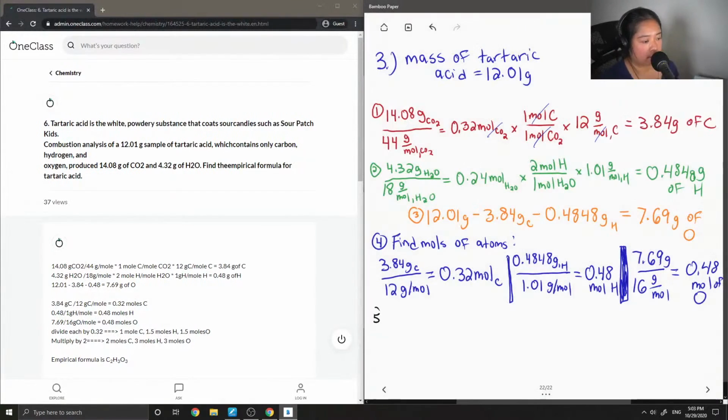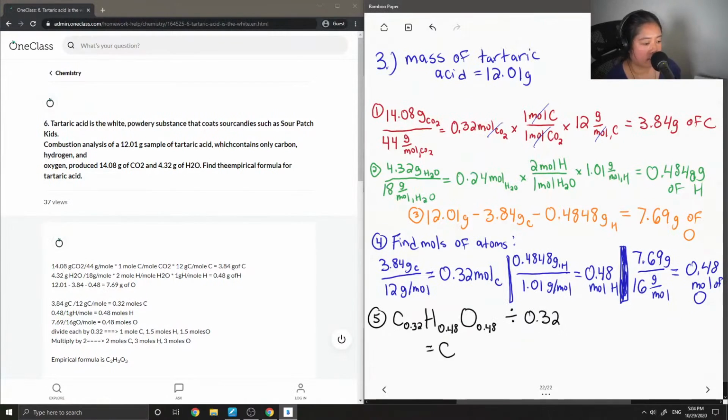Okay, so for this last step, I'm going to write out this empirical formula just by using the mole values that we got. For carbon, it was 0.32. For hydrogen, it was 0.48. And for oxygen, it was also 0.48. I want to get these values not in decimal form. So the first step is to divide everything by the lowest value, which is 0.32.